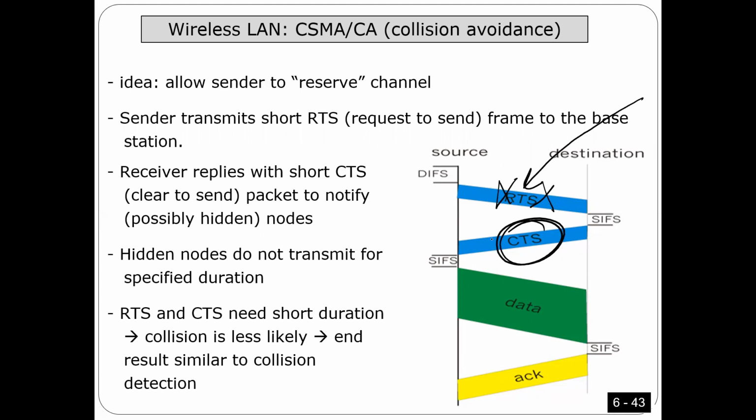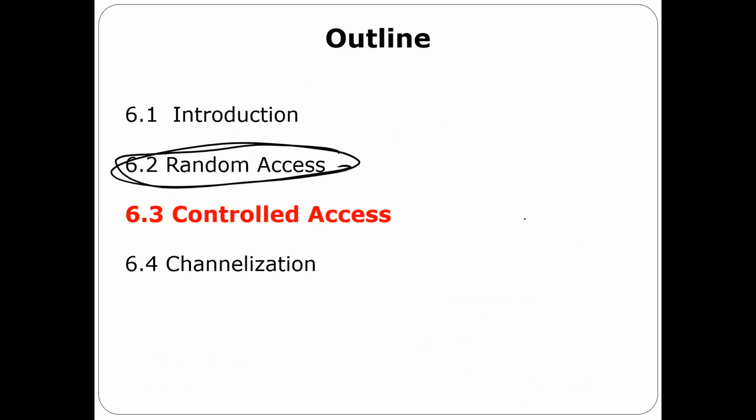However, the good news is that RTS and CTS are very small messages, so they take a very short period of time. As I explained before, when the frame size is small, the likelihood of collision is small. Same thing here: because these messages are very short, the likelihood that they are going to make collision is low. Any questions?